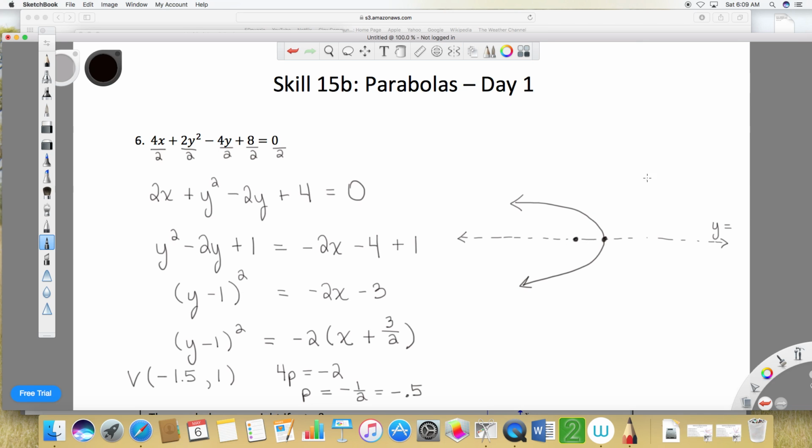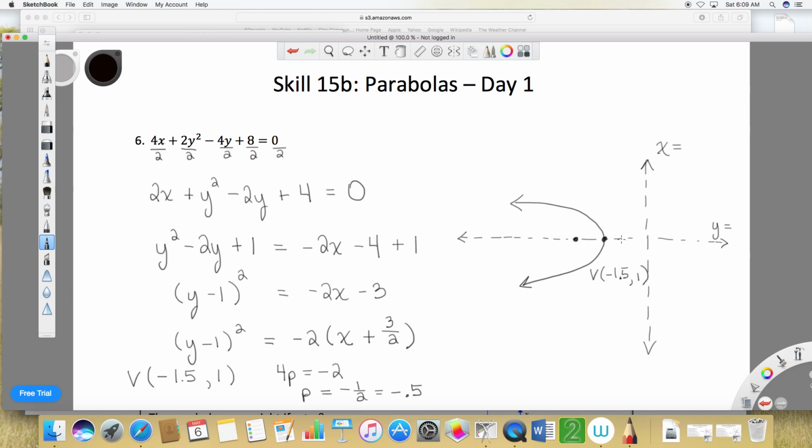All right, now I've got a directrix that is always a line that's perpendicular to my axis of symmetry. This vertical line is going to be of the form x equals something. So we found the vertex to be negative 1.5, comma 1.